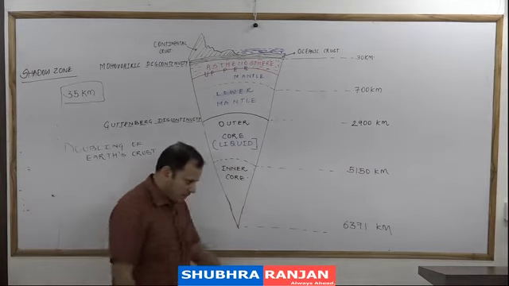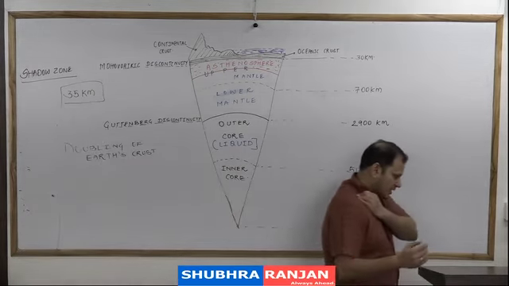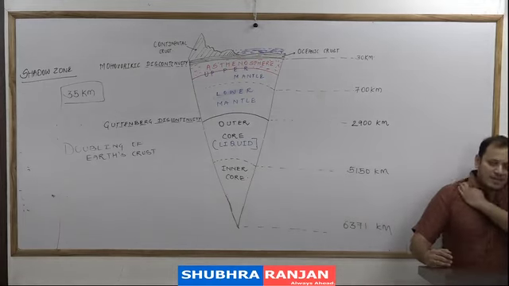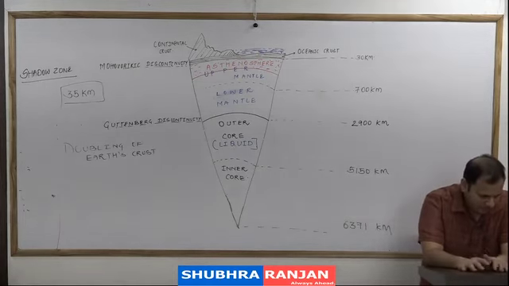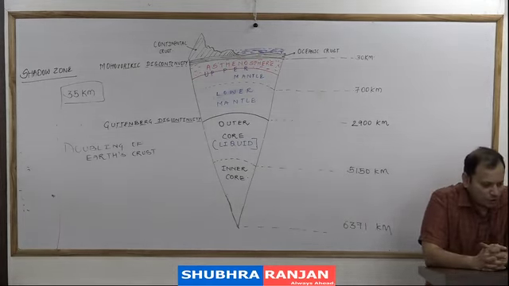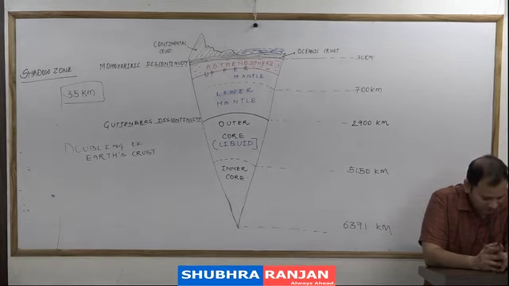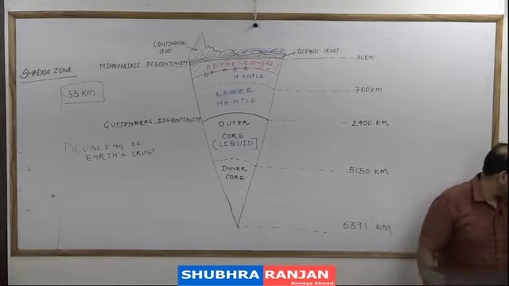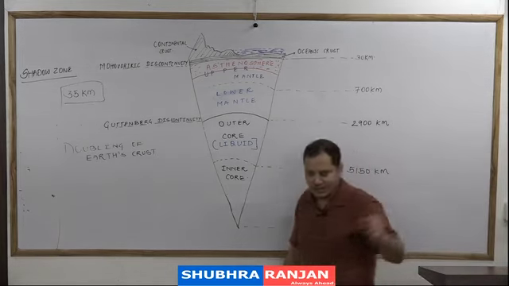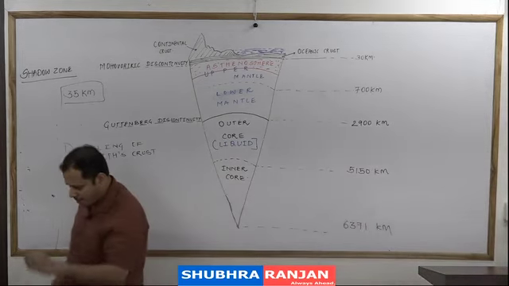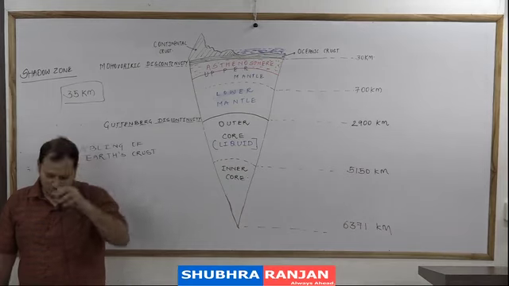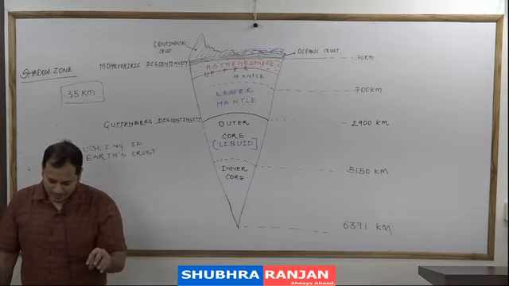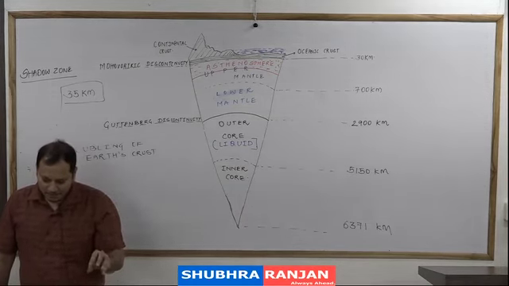Oceanic crust. It is made up of rocks of higher density, example, basalt.